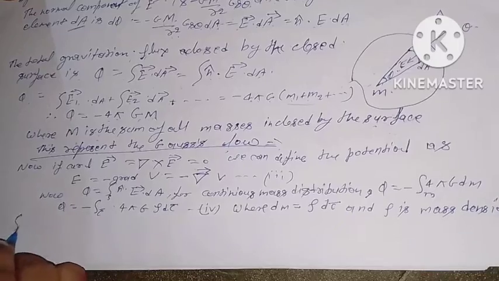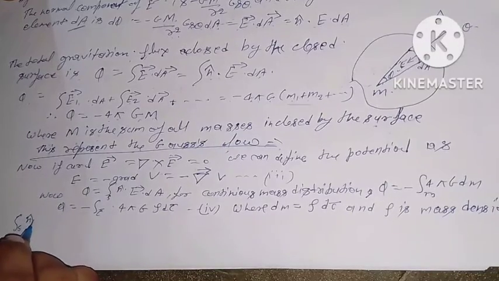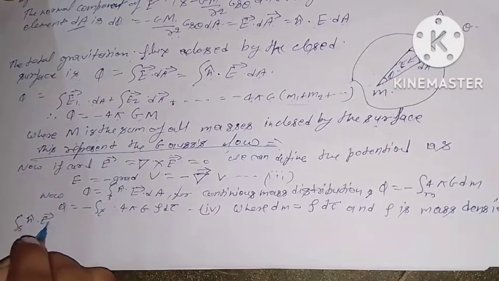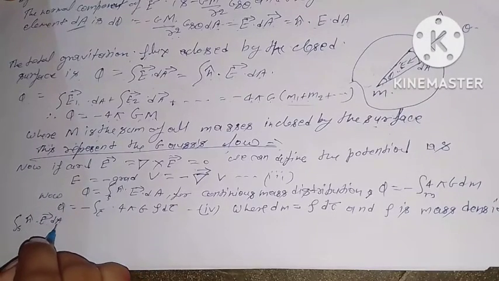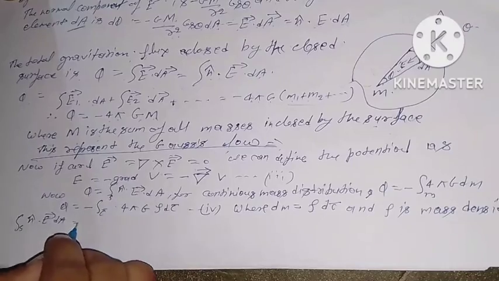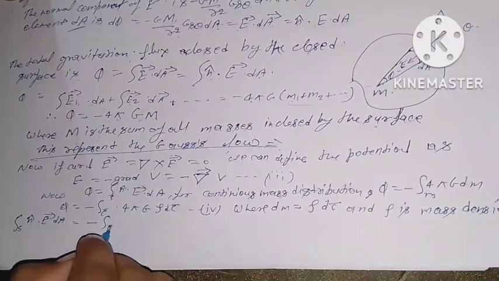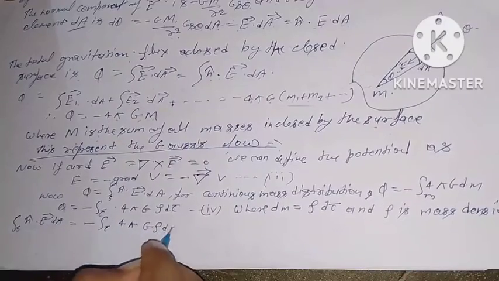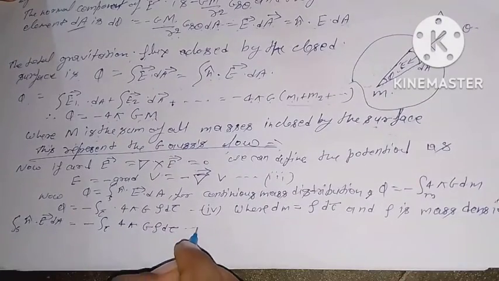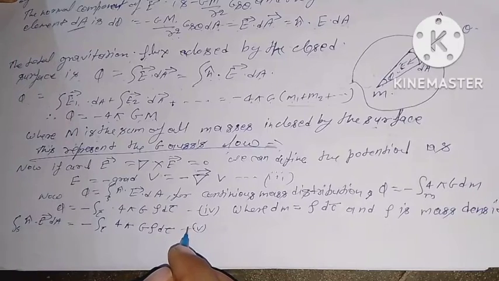So the surface integration of unit vector n dot vector E dA equals minus the integration over tau of 4 pi capital G rho d tau. This is equation number 5.